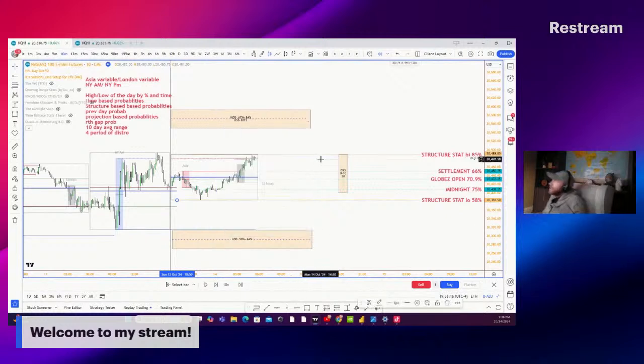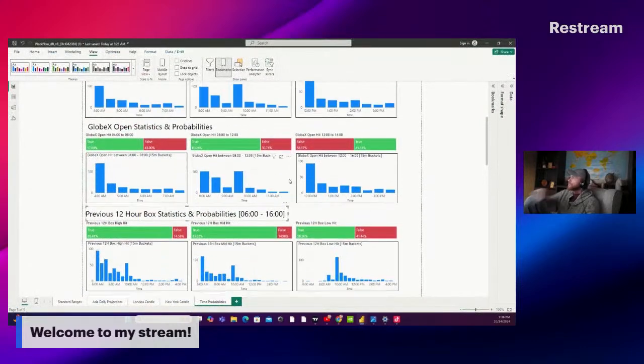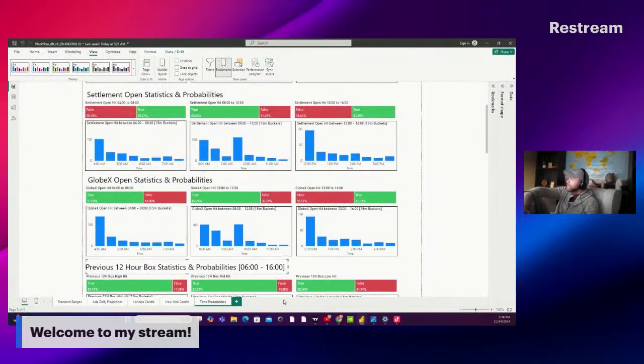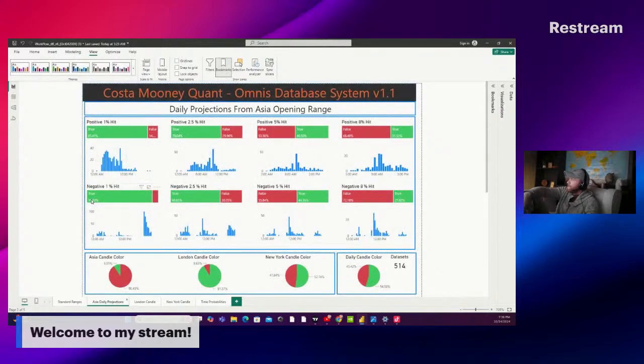All right. So now we have our time base, our structure base, and now we're going to do our projection base, right?